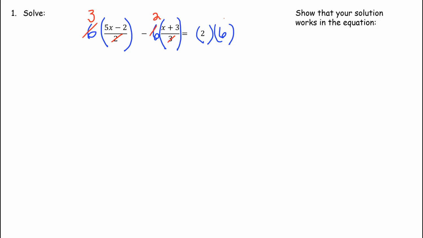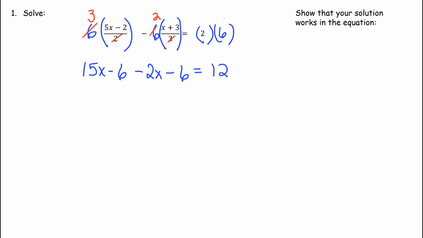So if I multiply that 3 by the first term, I'll have 15x minus 6. And then I'm subtracting the next term, which is going to be 2x plus 6. But I'm subtracting it, so I'm going to have to distribute that minus sign to both the 2x and the 6. So minus 2x minus 6, and that equals 12.